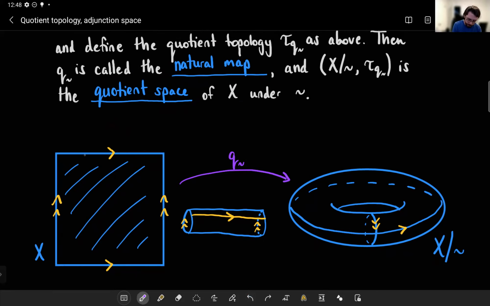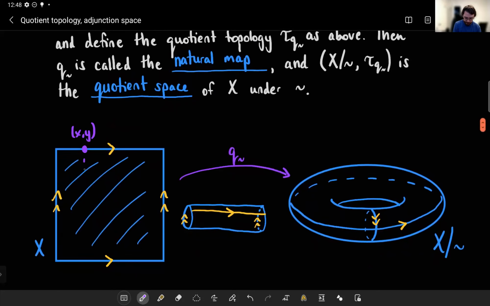And the way you could write it is, if I pick a point here, let's call this x comma y, then it has to get identified with its pair right here, x comma y prime maybe. So same x value, different y value. And similarly, these two points get identified. And on the left and right hand side, these 2 points get identified.